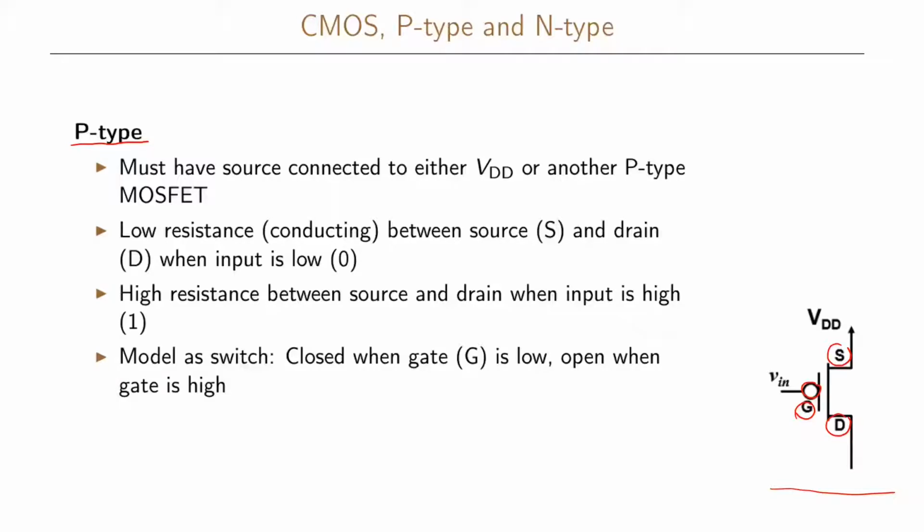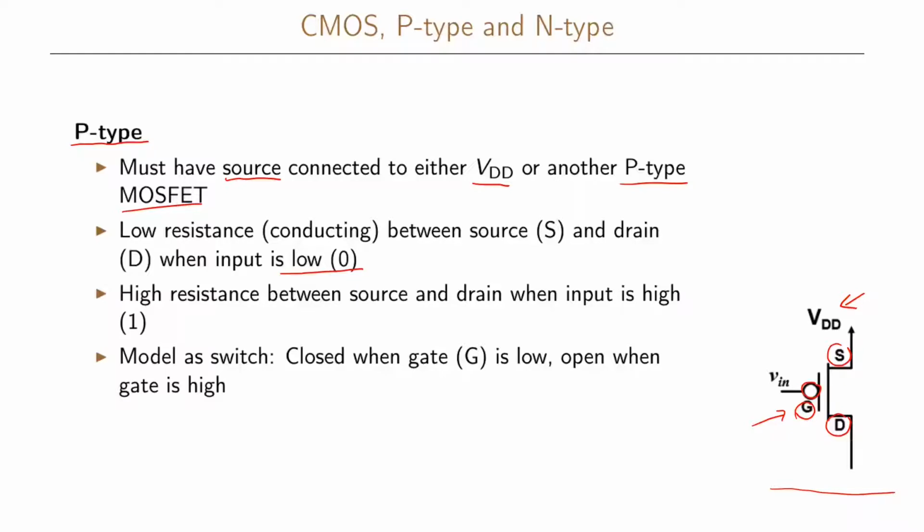So a property that we have here is that the source of the transistor must always be connected either to the voltage supply that we have here in our picture, or to another p-type MOSFET transistor. And how this transistor operates is that when the input is low, so when the gate here represented as a G is low, it means that we have a low resistance between the source and the drain.